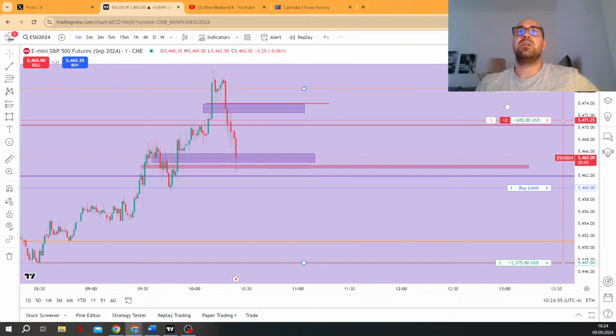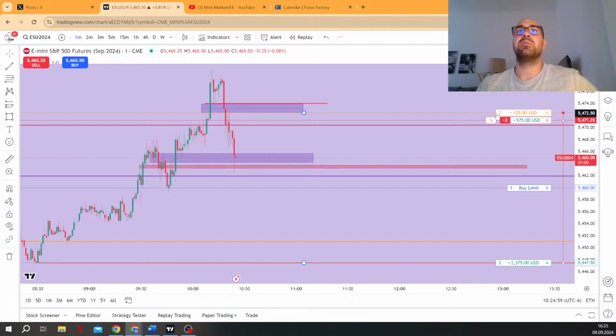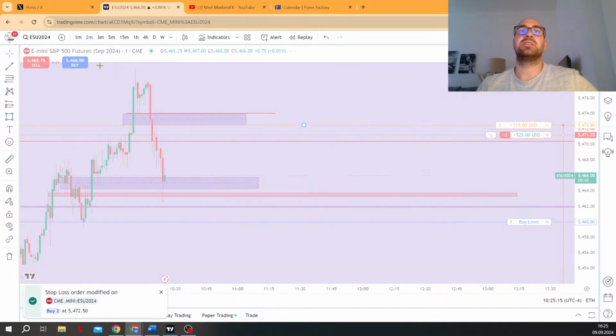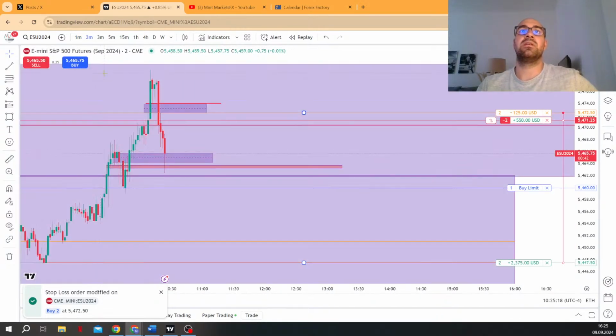And actually I want to put my stop a little bit lower. I want to put it above this swing high here. I think we should not come back above here. Let me check if that's a good idea.